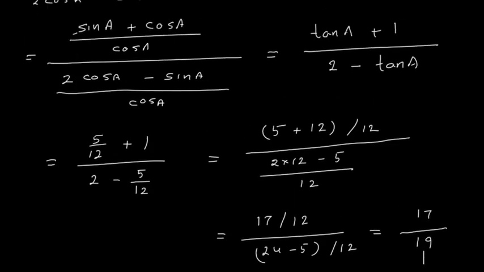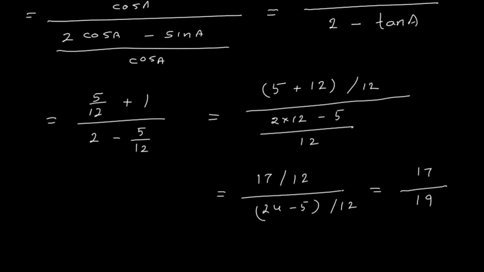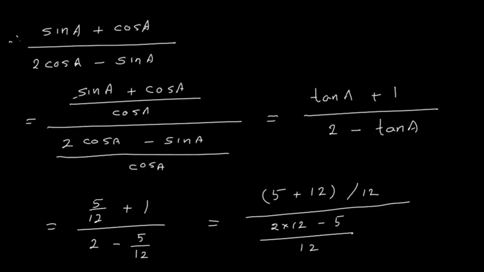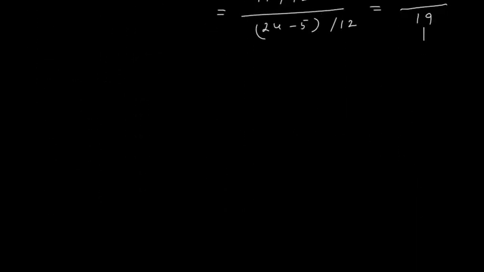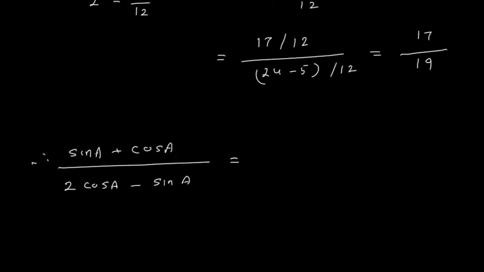So our answer, sin A plus cos A divided by 2 cos A minus sin A, will become 17 upon 19.